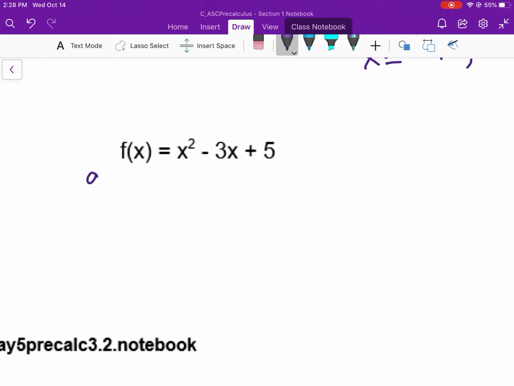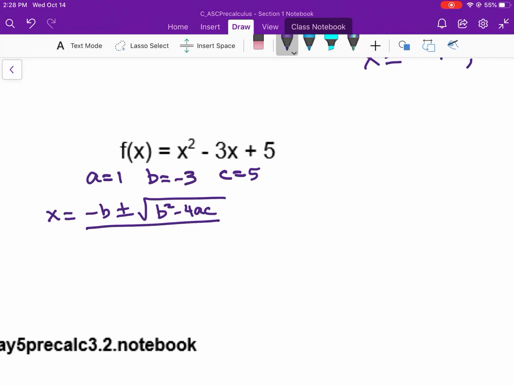Okay, so here's the next one. A equals 1, B equals negative 3, C equals 5. So x equals negative b plus or minus the square root of b squared minus 4ac all over 2a. All right, so that's going to be negative 3.